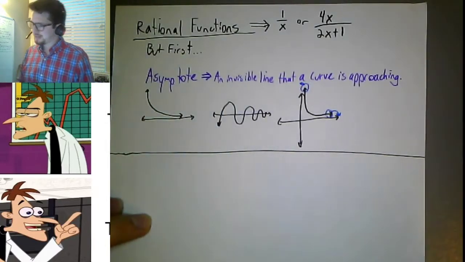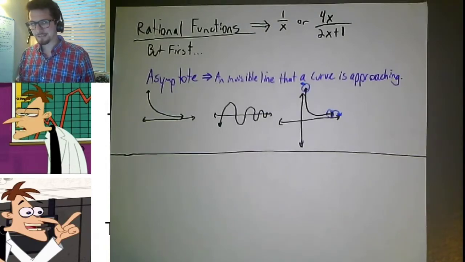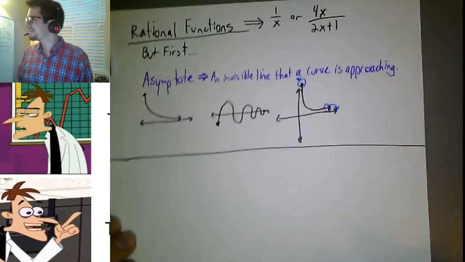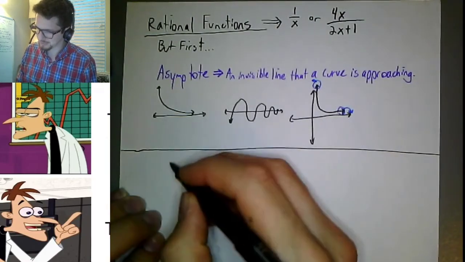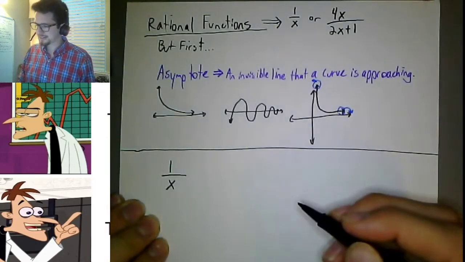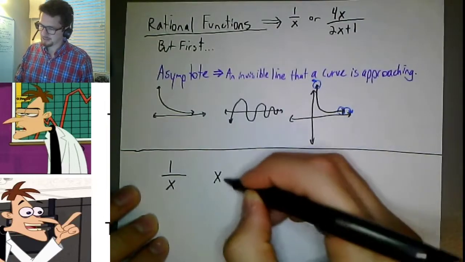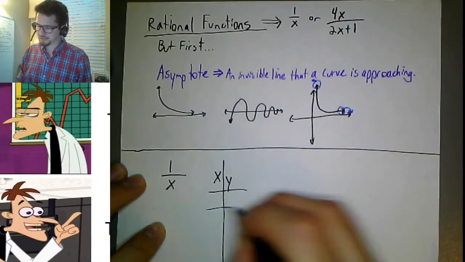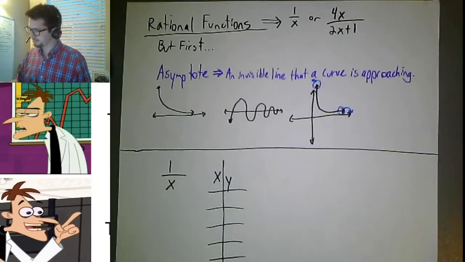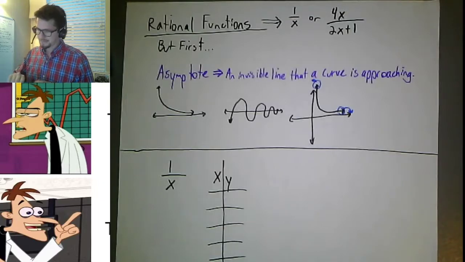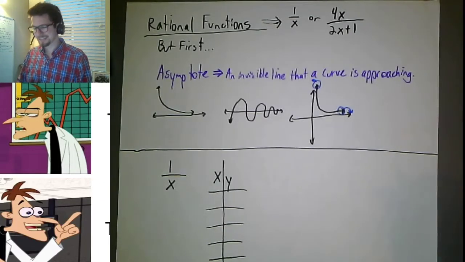So, you're not going to have to fill out a t-table, but I am, because I need to show you what happens, because it's really crazy what happens with t-tables for these problems. So let's take 1 over x. I'm going to make my t-table, and please copy this for your notes. You won't have to draw them yourself, though, because they're weird, and I'd rather teach you this in person than online.